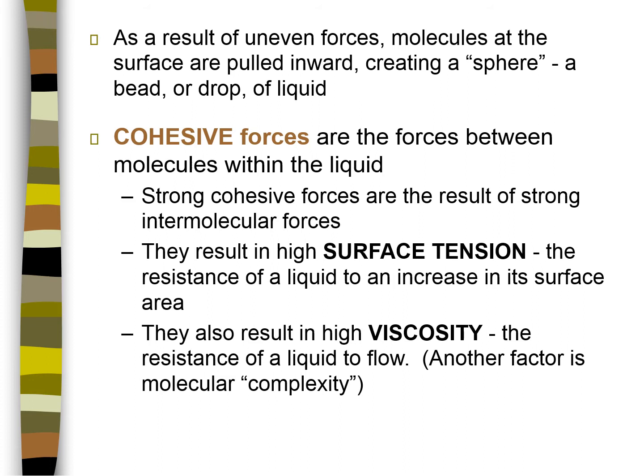So viscosity is the resistance of a liquid to flowing. When a liquid flows very easily, flows very quickly, we say it has a very low viscosity. If it flows very, very slowly, it's a very viscous liquid. It has a very high viscosity.